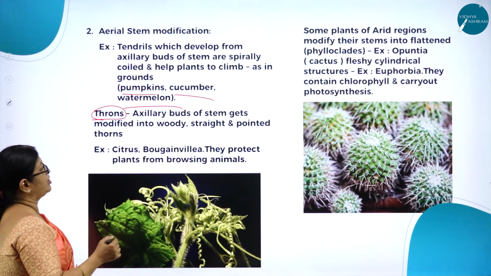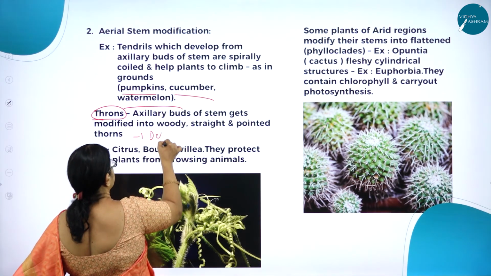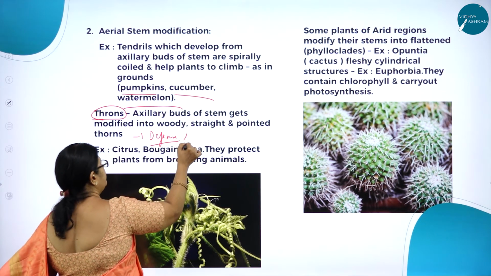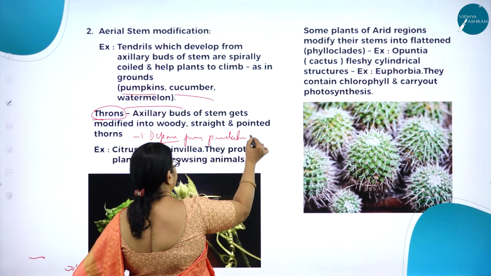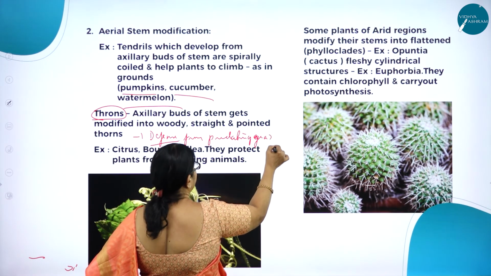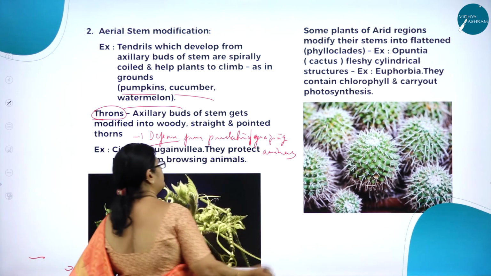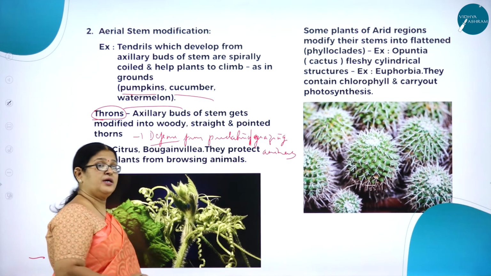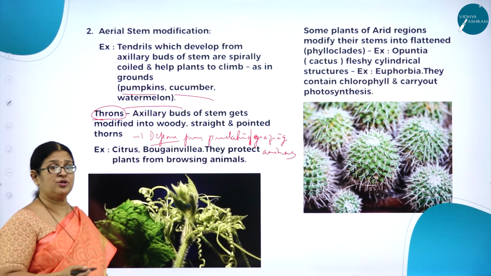Then thorns. Thorns are mainly to protect. They are used for defense from predating animals, or you can also call it grazing animals. When animals come across these thorns, they're afraid to go and eat them.